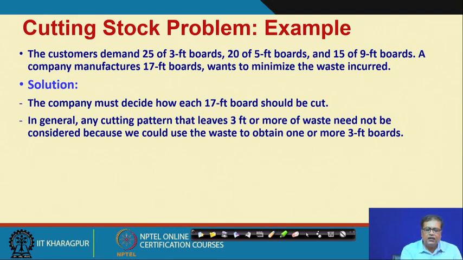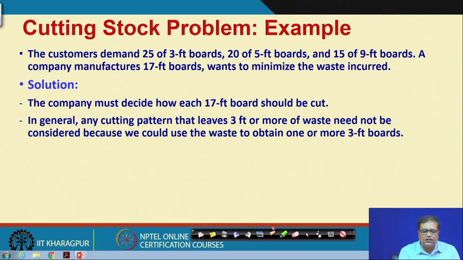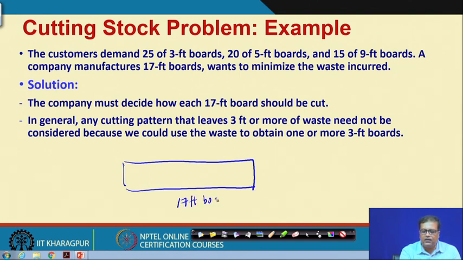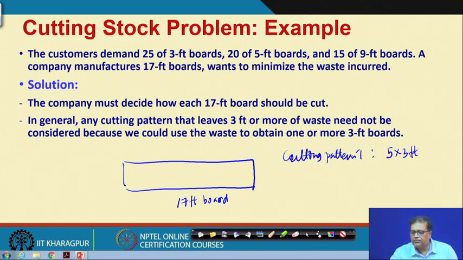Like, from a 17 feet board, if this is my 17 feet board, a given cutting pattern, cutting pattern 1, is 5 into 3 feet, cut 5 3 feet, but then it leads to 2 feet loss.